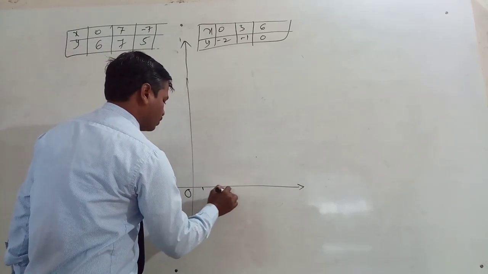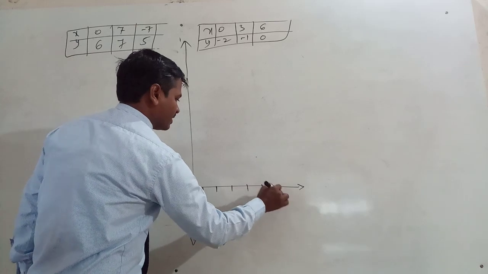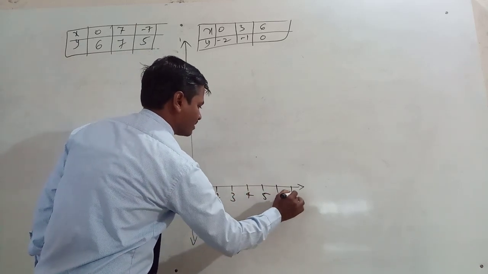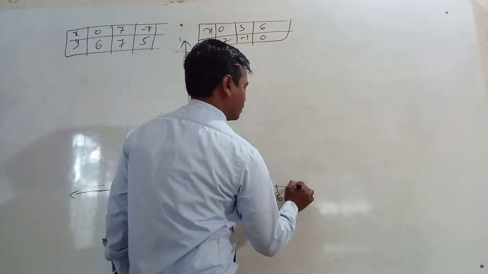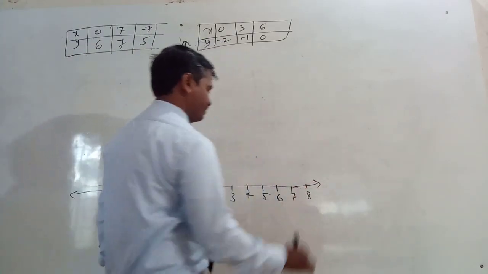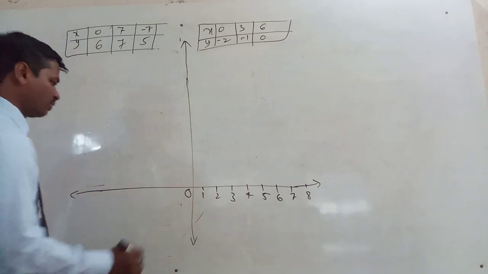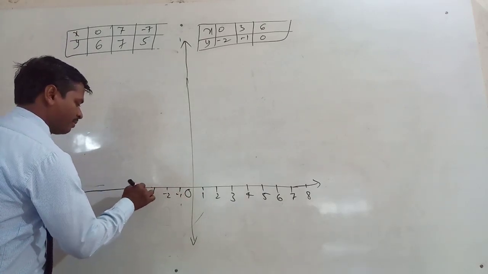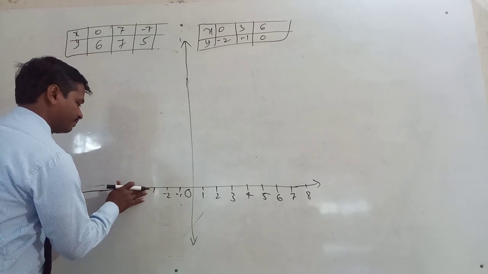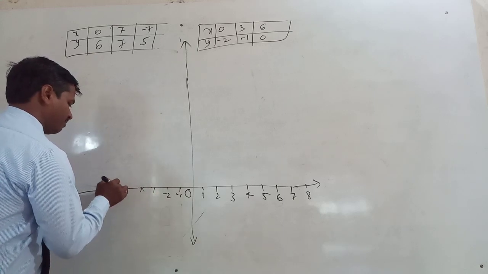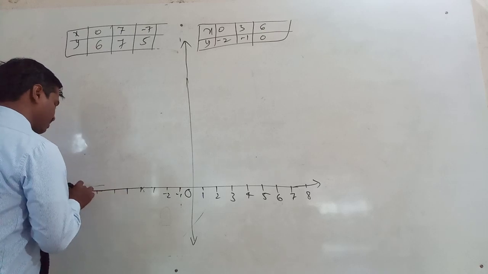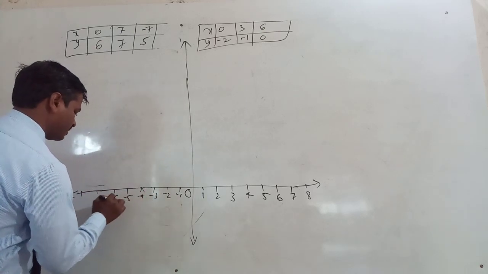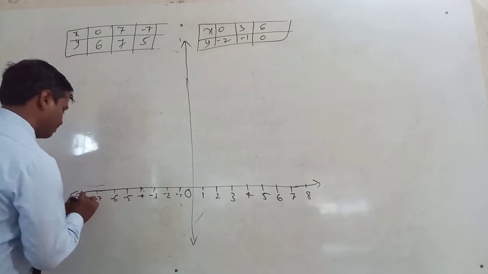Here 1, 2, 3, 4, 5, 6, 7. Or I can take more numbers also, 8. This side also, negative side: minus 1, minus 2, minus 3, minus 4, minus 5, minus 6, minus 7, minus 8.